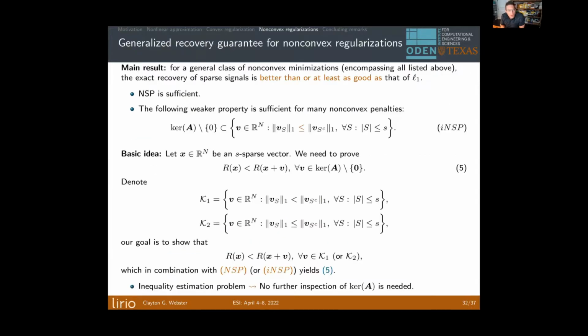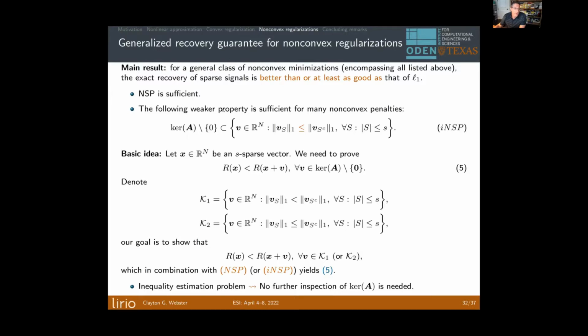What we were able to do is show the following: if we look at a more general class, at least encompassing all of the above, then one can show that the sparse recovery is at least as good as L1. And in our case, we show that the null space condition is more than sufficient.